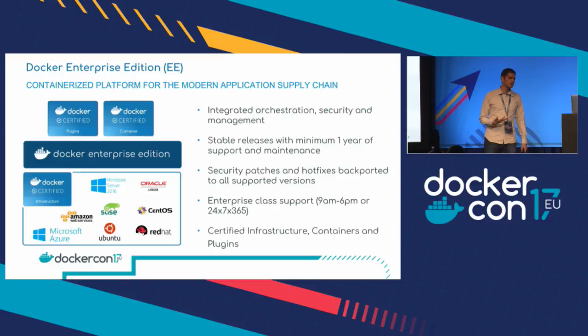On top of Docker EE platform, we have certified plugins and containers. Certified plugins are integrations such as storage, networking, monitoring, and logging that enhance the platform. And then certified containers are applications that we run and have tested against the Docker platform that come from third parties. So that's kind of what you get out of the box with Docker EE and what's in the ecosystem.